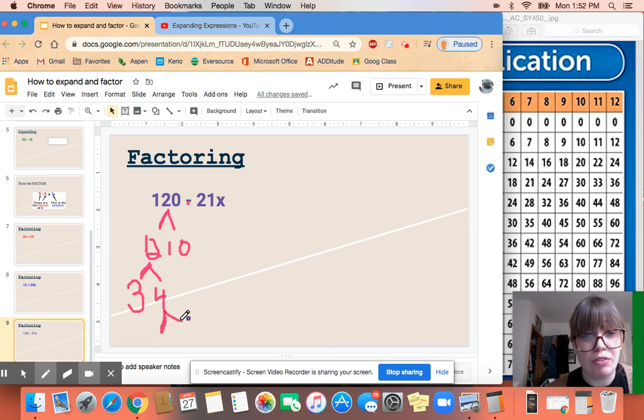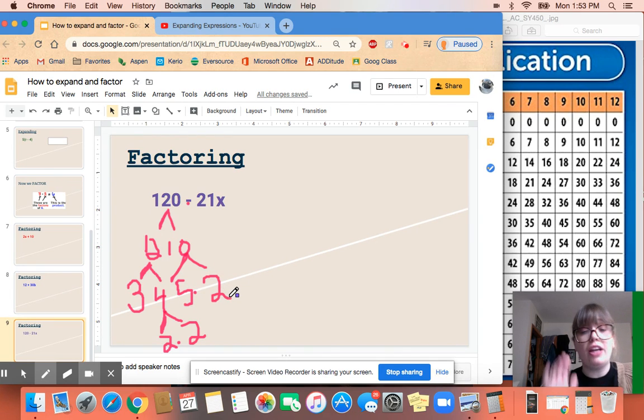I can break down 4 into 2 and 2. Now, let's do 10. 10 can be broken down into 5 times 2.